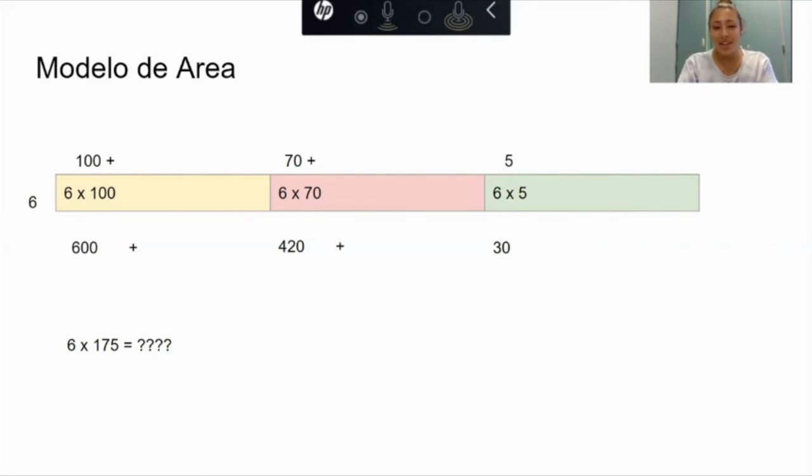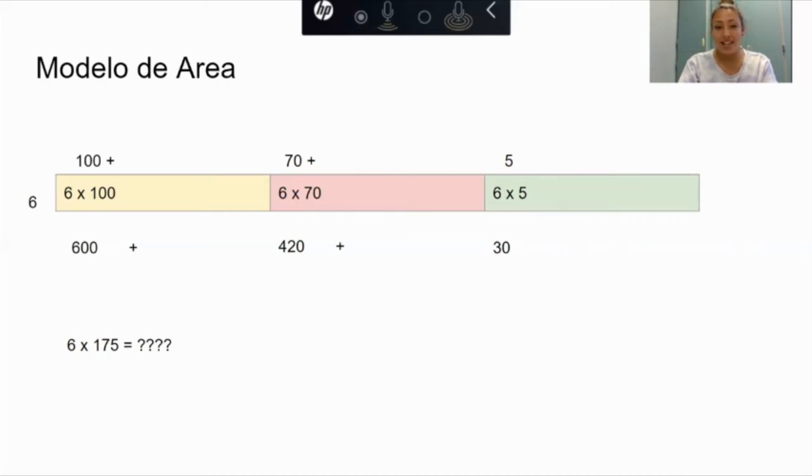Perfecto. Acuérdense que aquí tengo en diferentes colores los diferentes valores posicionales que representan los números. Arriba de mi rectángulo tengo el número más grande y al lado izquierdo tengo el número que voy a usar para multiplicar mi número más grande, 6.